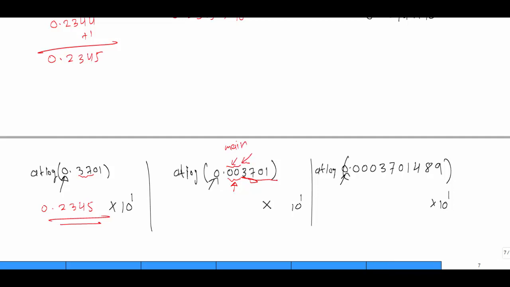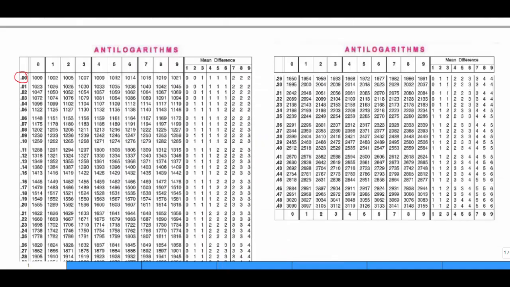Now this 3 will be your difference, so we look at 3 as the difference value and 7 as the mean difference. So we look collectively at 00, then 3, and then 7. Just add up all these values: you'll get 1007, then add 2, and you get the total value 1009. So that is what we write down as the final answer.